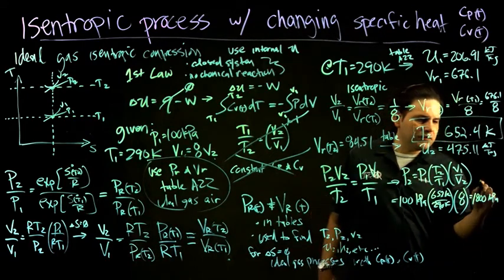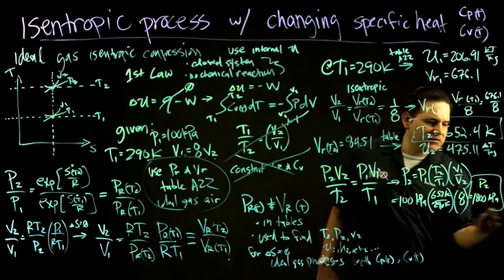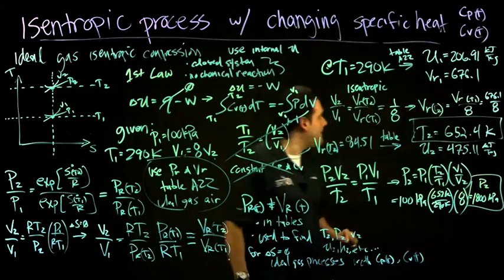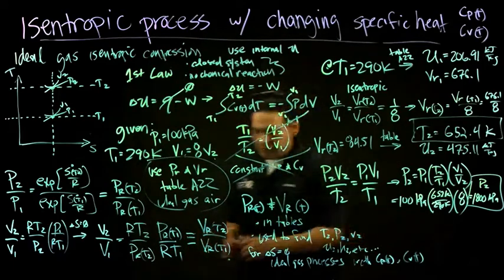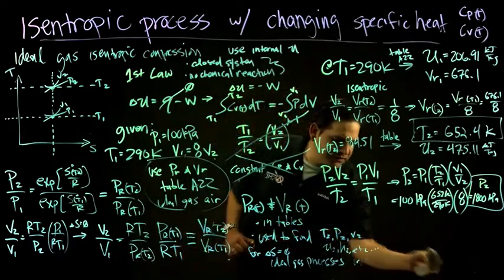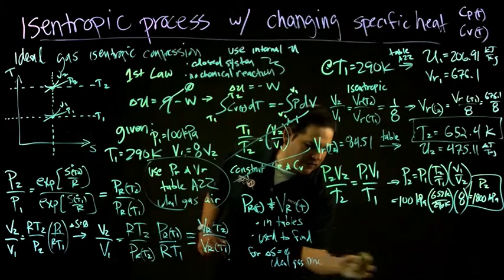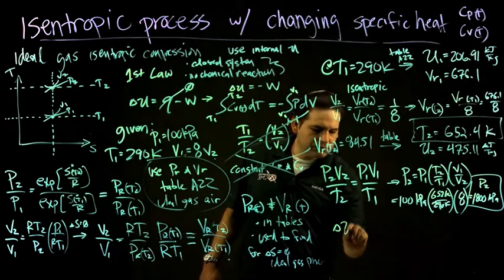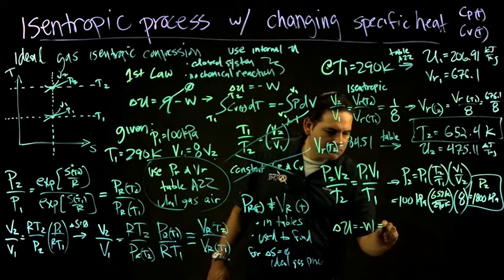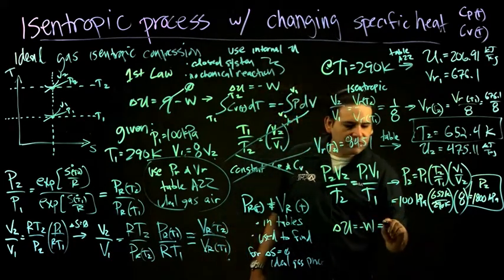So P2 equals 1800 kPa. That's good. And then we also know the internal energy change, so we can relate that to the work. We literally just pull this from the table.